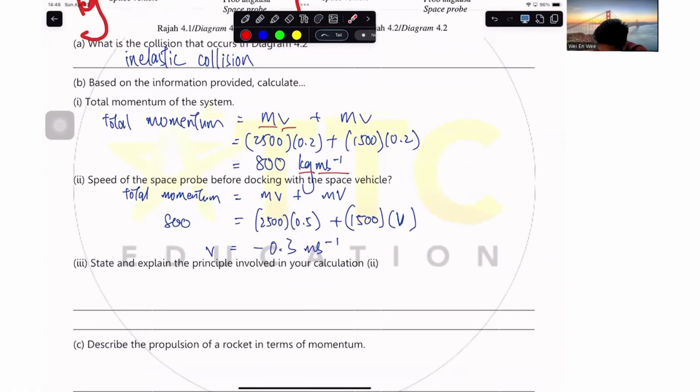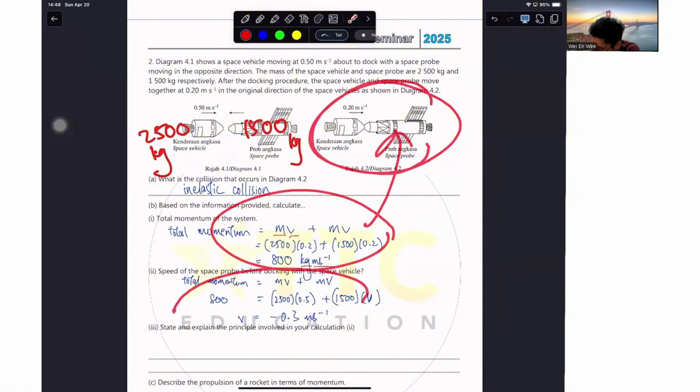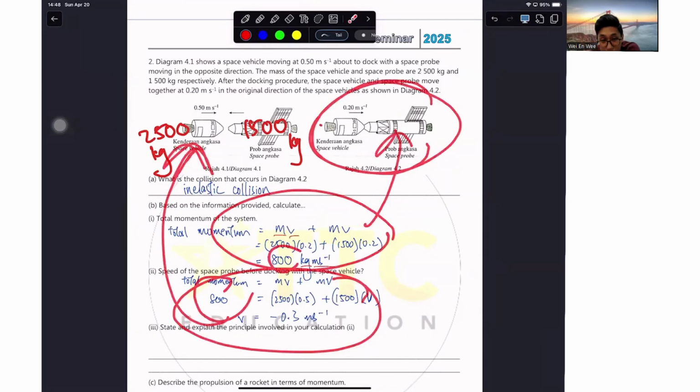Now, who gave me permission to take this 800 and make it same as this? Because when I did this one, I was using the after collide. But when I do this one, I'm doing the before collide. So who gave me the permission to make the total momentum same?